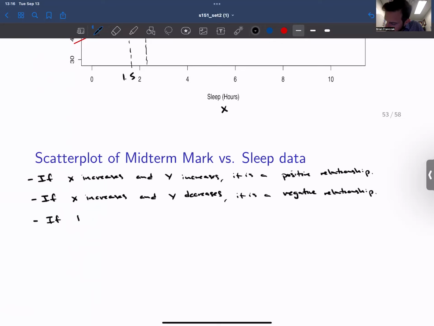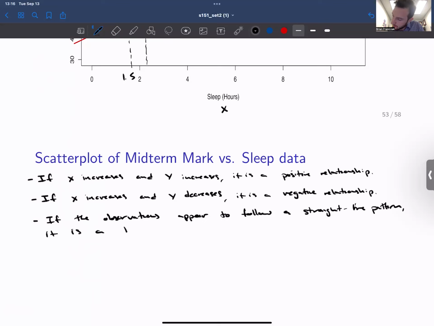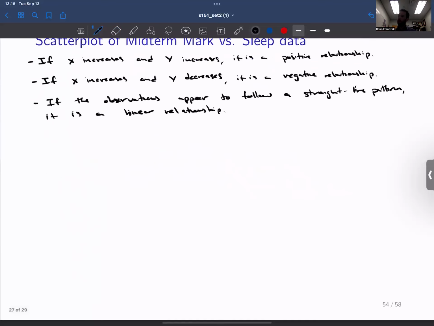If the observations appear to follow a straight line pattern, it is a linear relationship.